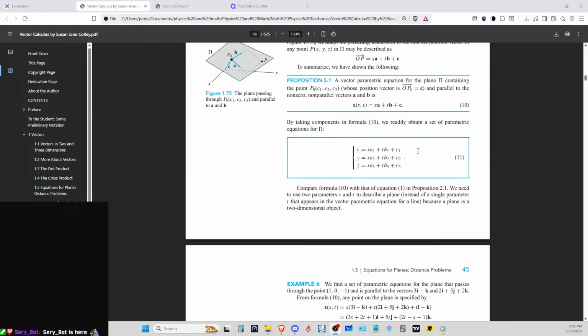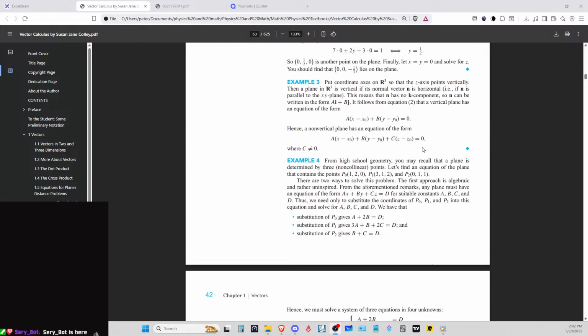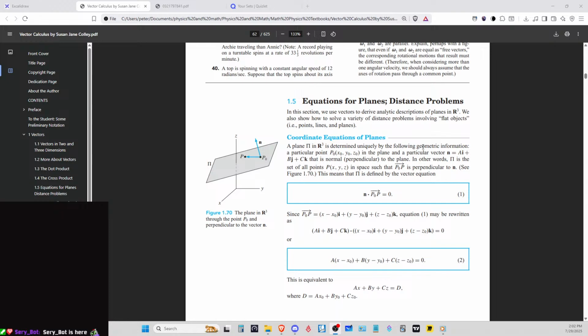Okay, so we just skim through the pages here, because with planes I sometimes have a little bit of difficulty. Let's see. We have the normal vector with the point in question, along with another point. So we just need a vector in the plane. We also need a normal vector perpendicular to the plane.